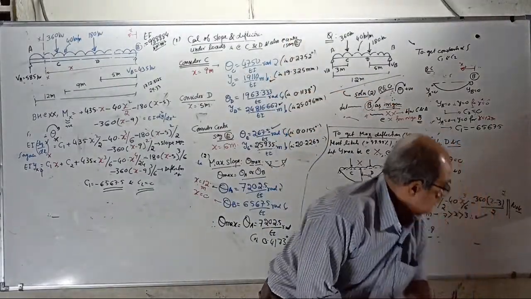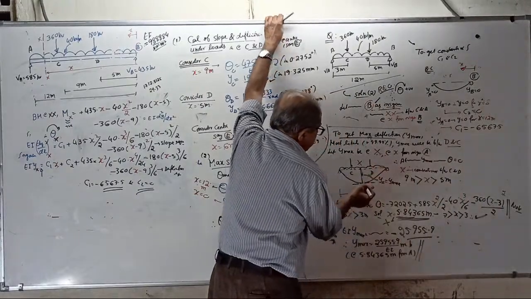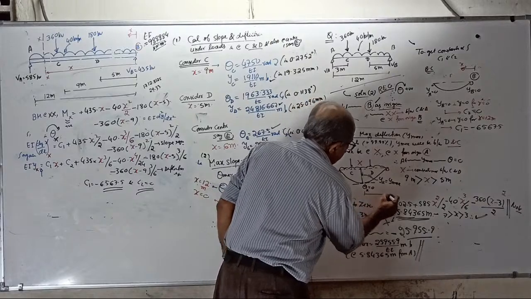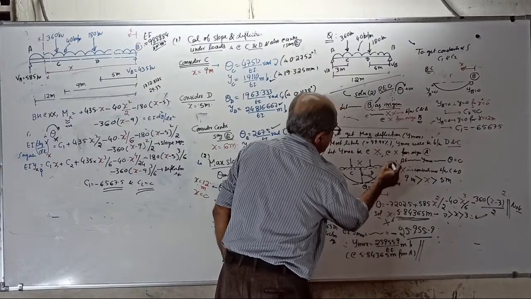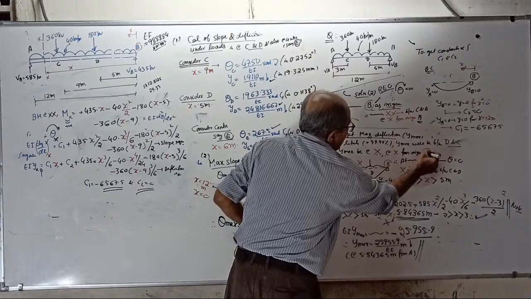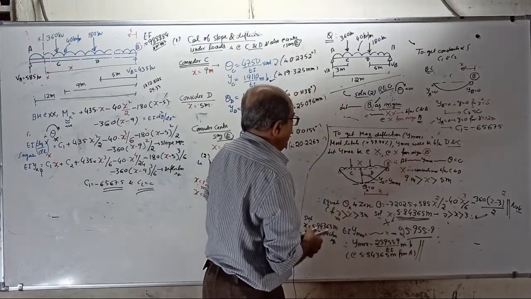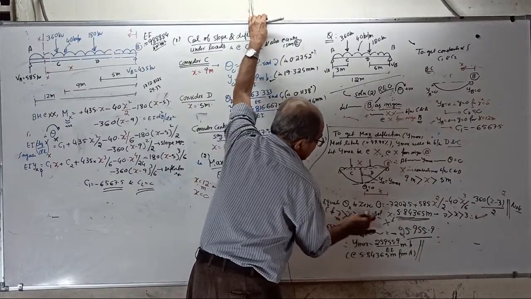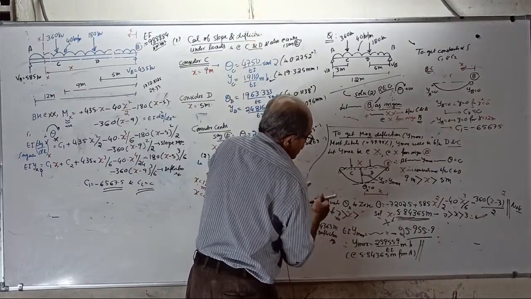Then start. At the point E, slope equal to 0, x from B, not A. Equate theta x to 0 for x more than 5 meter.